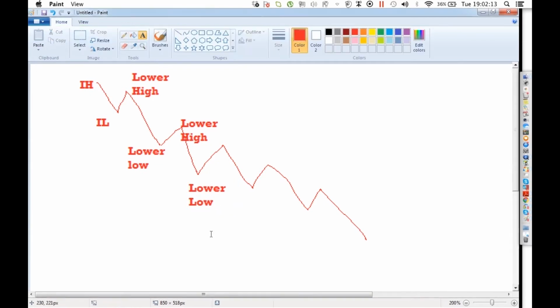When the market keeps on making lower highs and lower lows, then you know that we are in a bear market. That's when you know that sellers are the ones that have the most power in that trend. And that's how you spot whether we're going up or we're going down.